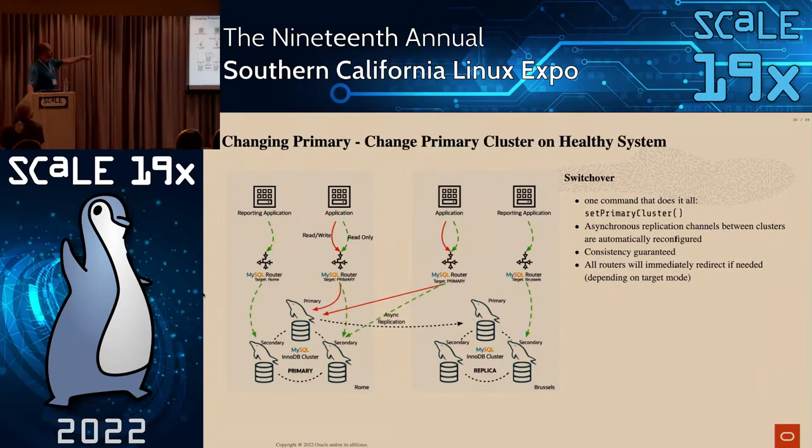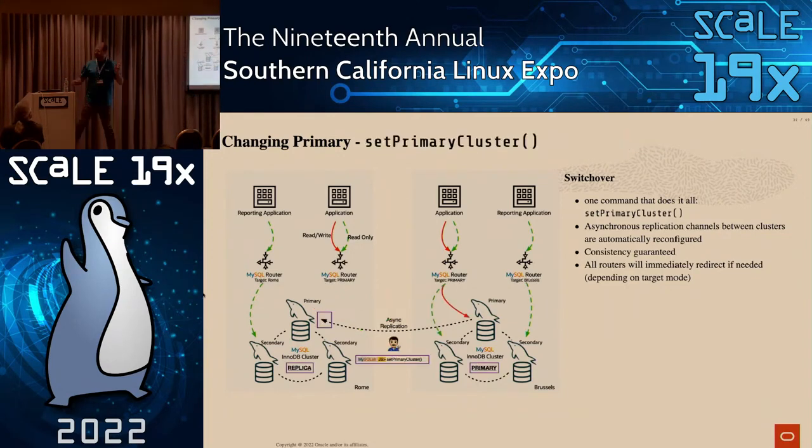Let's say we want to switch the primary cluster. So this is manual. Changing a cluster is a clean operation that I'm going to show you. You have two regions. You just want this one to become primary because the workload shifts there, or you want to do some maintenance, whatever, right? It is one command, set primary cluster, and you just say, change the cluster to here. So in purple is everything we do, right? Replication will be reconfigured.